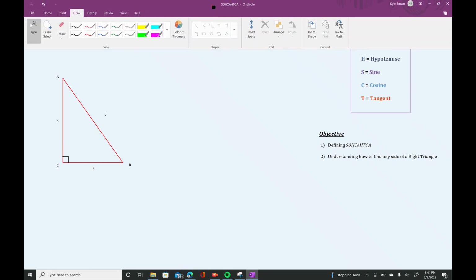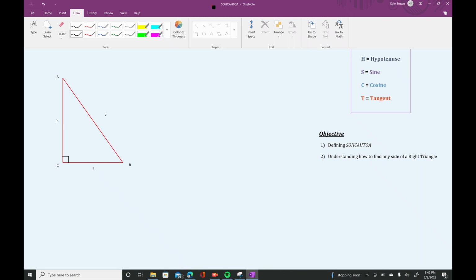Today, I actually want to just go over the fundamentals of right triangle trig, which is understanding Sohcahtoa and why it's important. And it's really just two steps, and I already named the first one. That's defining Sohcahtoa.